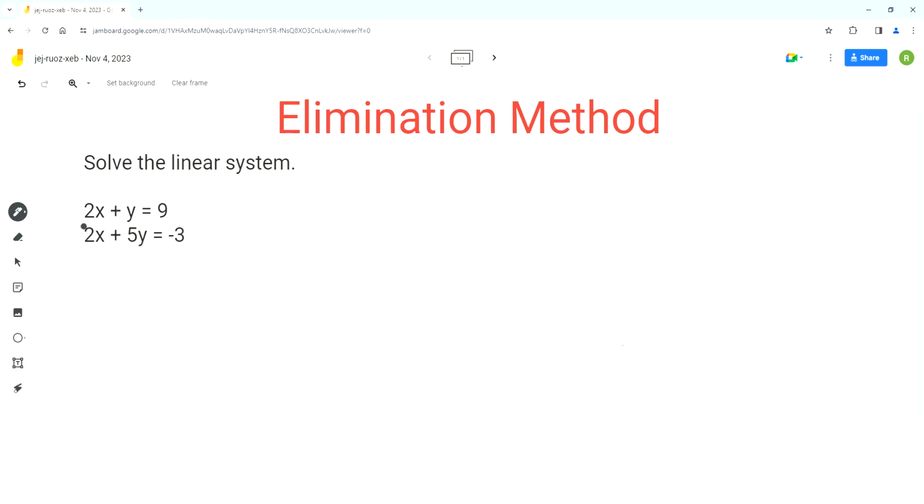We have to subtract the x terms, we'll subtract the y terms, and we'll subtract the number terms. So we get 2x minus 2x, we get 0. X terms cancel each other out. Now for the y terms, we do y minus 5y. I can show you the step here, but if you understand this step, you can choose to skip it.